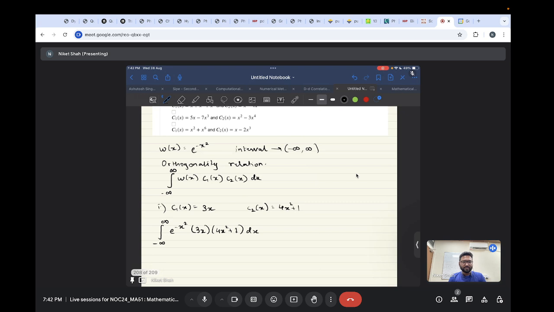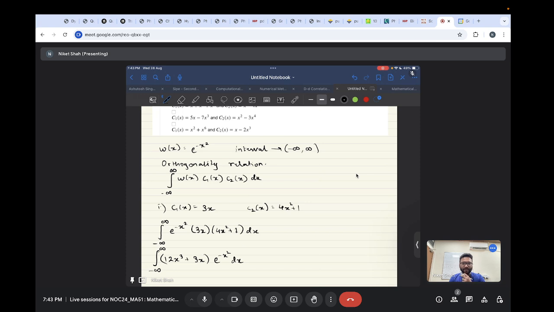Now, under normal circumstances, this is of course integrable. You have some polynomial function, you have basically 12x cube plus 3x into e raised to power minus x square dx integration from minus infinity to infinity. This is a standard Gaussian function and there are some polynomial coefficients.